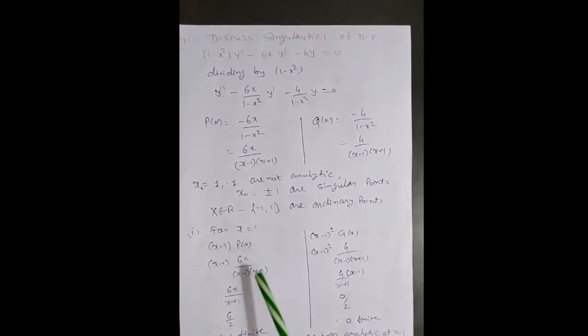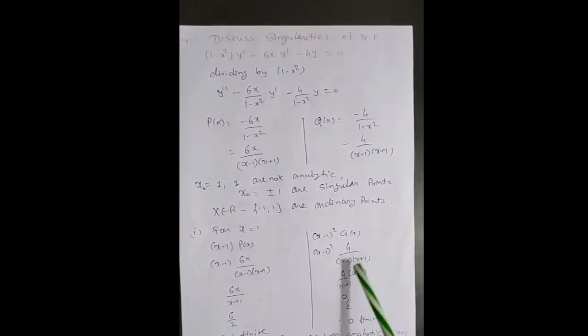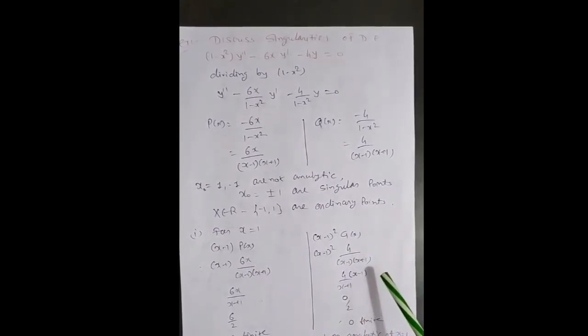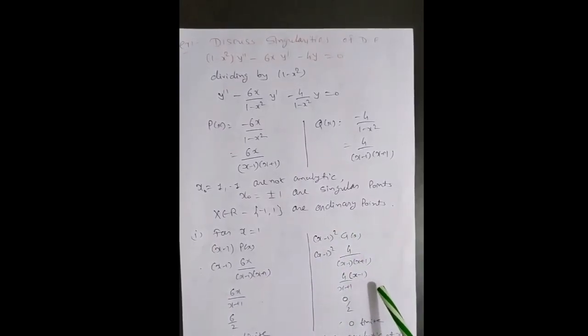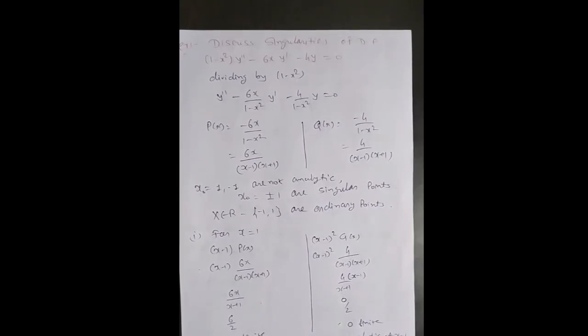Put x = 1, then we get 3, which is a finite value. Similarly, for (x − 1)² times 4 upon (x − 1)(x + 1), one x − 1 cancels out, and the remaining term is 4(x − 1) upon x + 1. Put x = 1, and we get 0, which is a finite value. Since (x − 1)p(x) and (x − 1)²q(x) are both analytic at x = 1, hence x0 = 1 is a RSP.